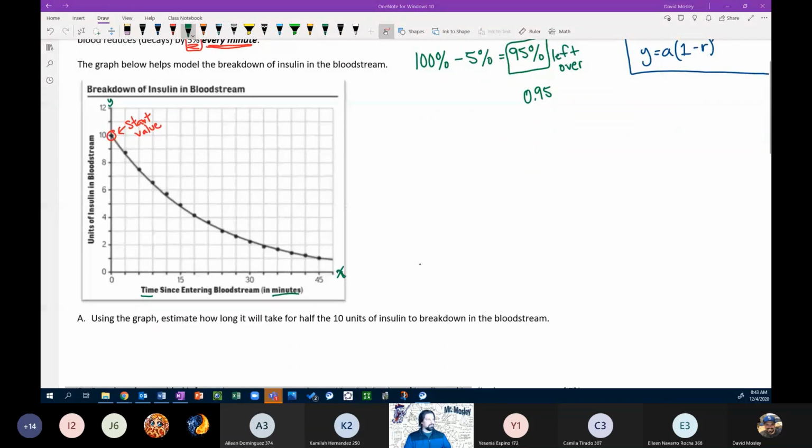So, using the graph, estimate how long it will take for the units of insulin to break down in the bloodstream. In other words, when will the 5 units of insulin be in the bloodstream?